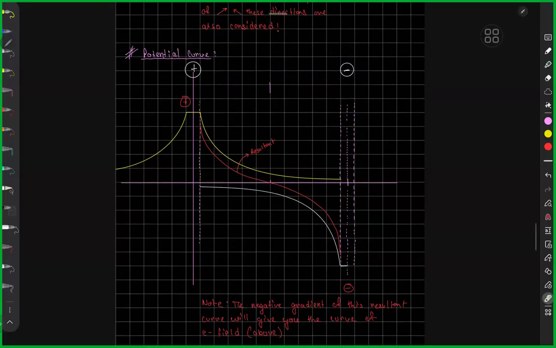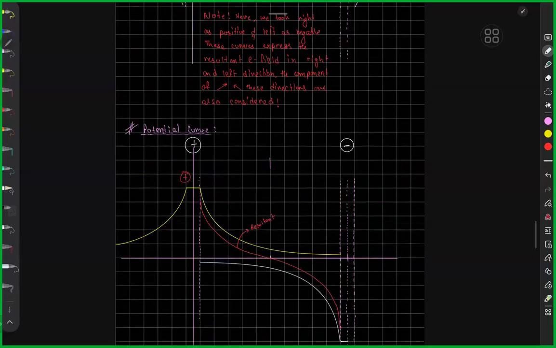Now, for the negative one, how is it different? We know for a negative conducting sphere, for negative charge, the potential value is negative. Why? If I have a negative charge and I bring in a test positive charge, is it attraction or repulsion? Attraction. And attractive forces represent negative electric potential energy. Okay?